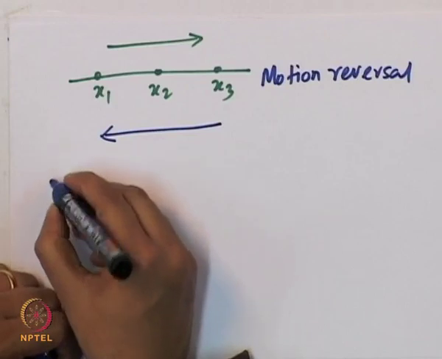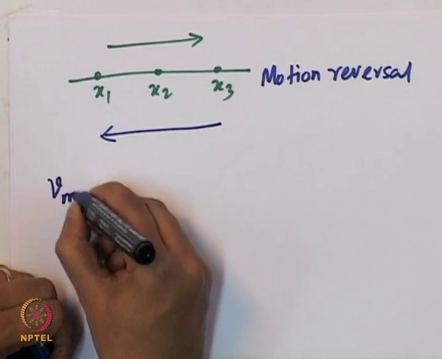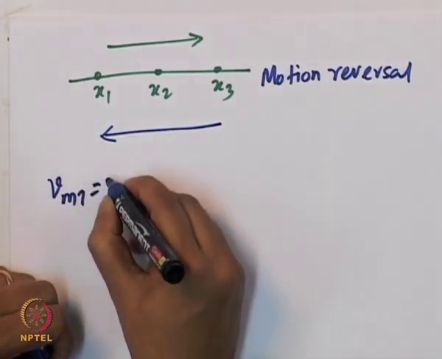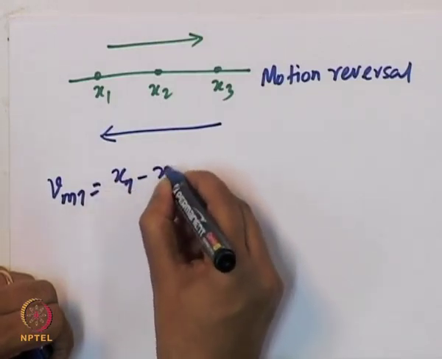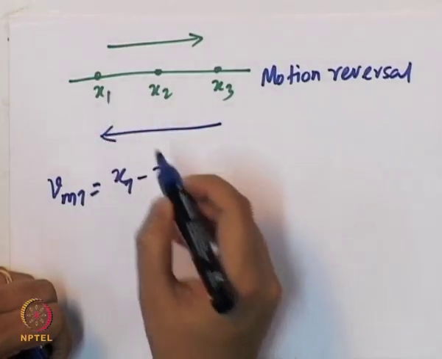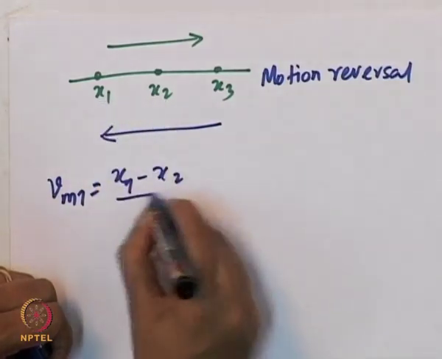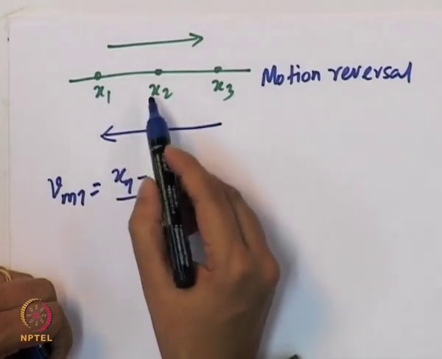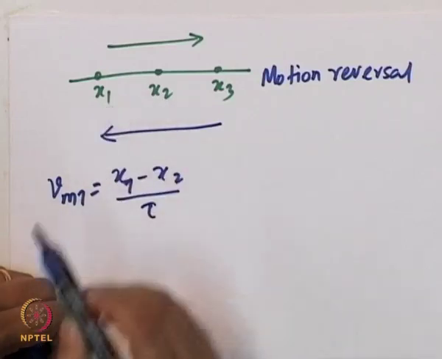Under the motion reversal, using the subscript m, the first velocity will be Vm1 equal to x1 minus x2 divided by tau, because in this case the object is going from x2 to x1.